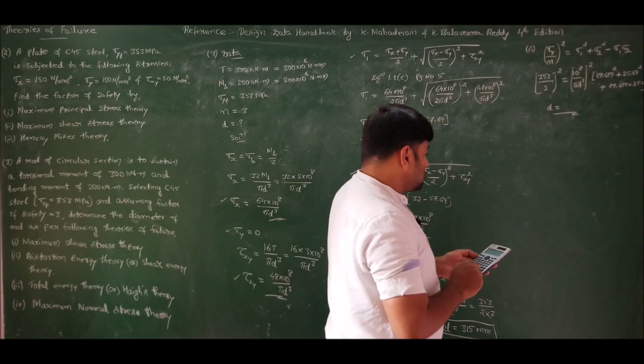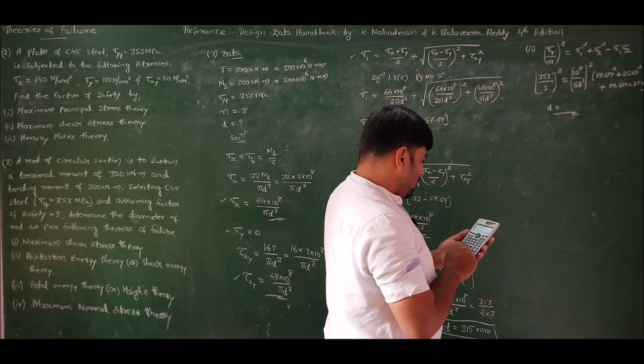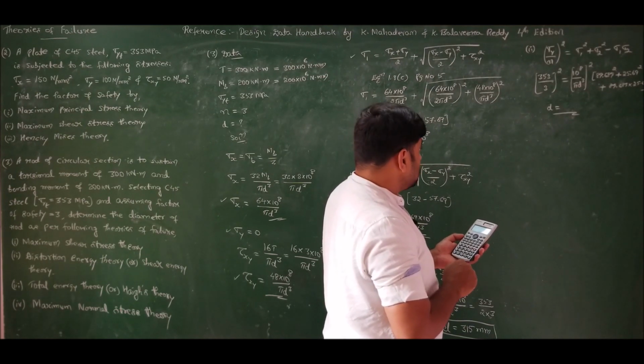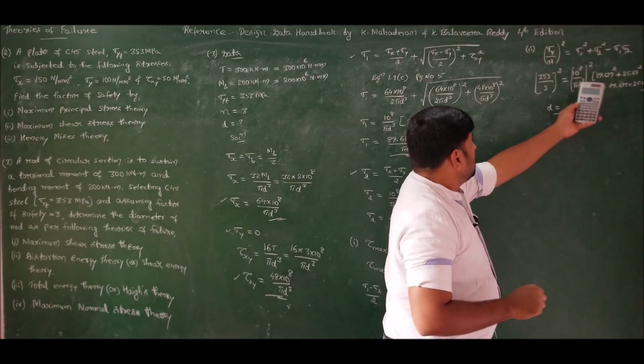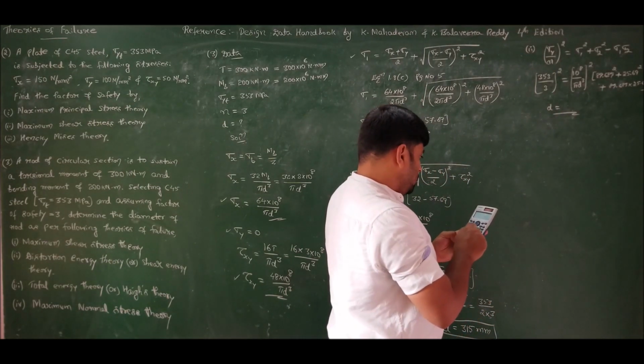Then I should use plus 89.689 into 25.69. How much is this? This is multiplied by 10 power 8 whole square.